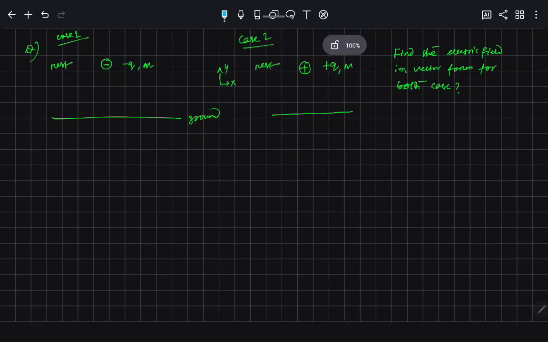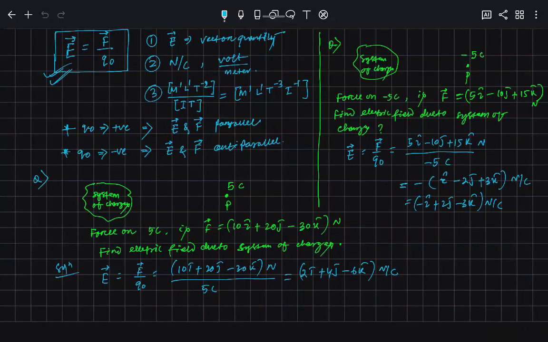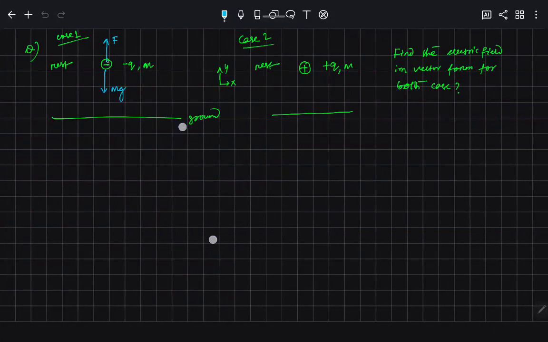If this charge is at rest, that means obviously mg is downward. That means the electric force on it should be upward, then only the net force will be 0 and it will be at rest. Now you know that if q naught is negative, then electric field and force will be antiparallel. So force will be upward, which means the electric field will be downward.